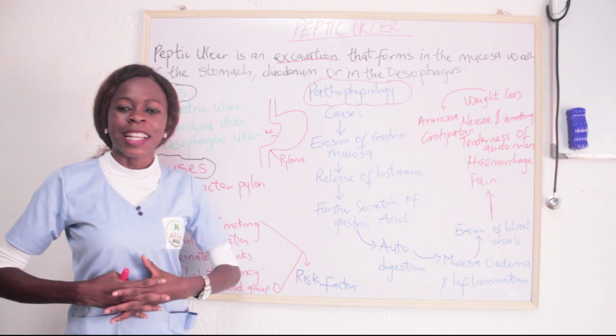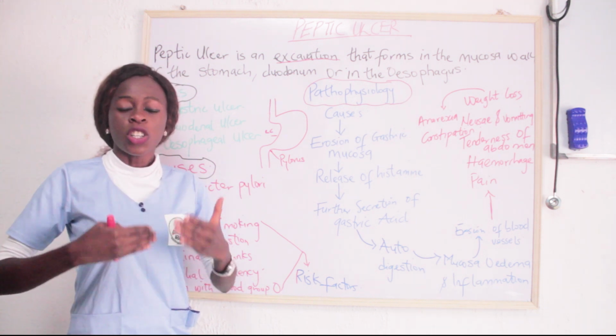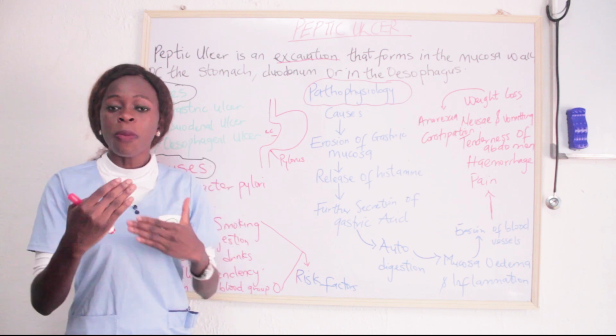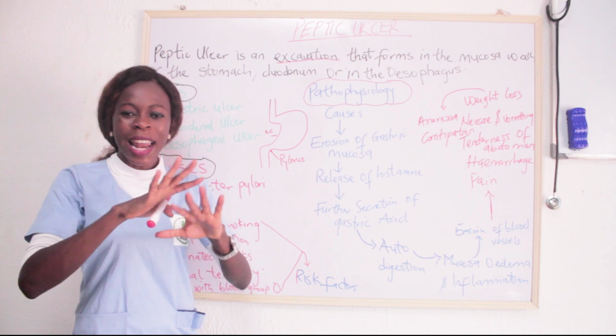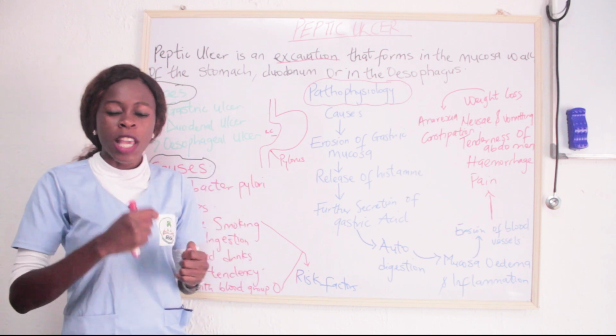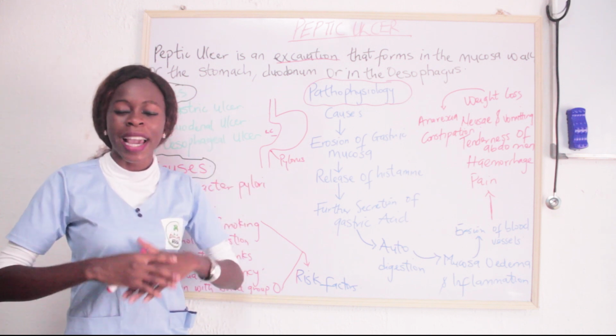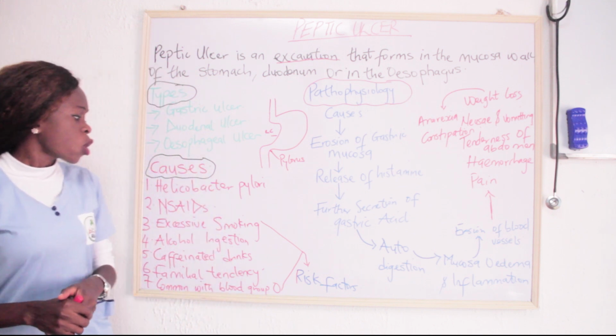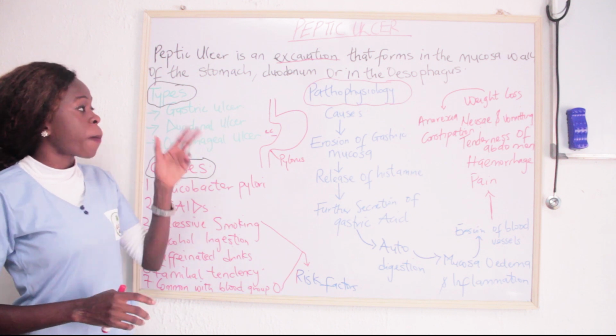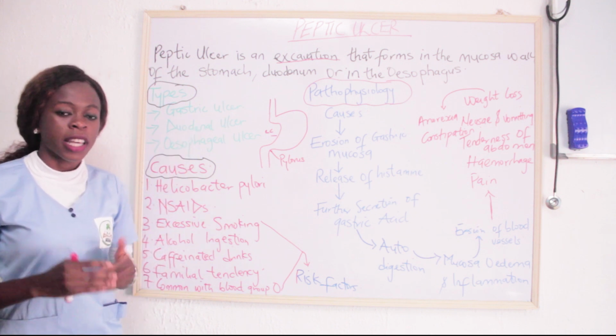What it does is that it releases urease. This urease finally causes a neutralization reaction that neutralizes the acid area and enables the Helicobacter pylori to carry out its function very, very well.